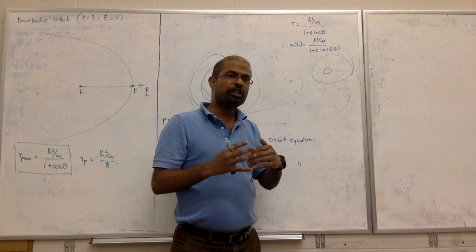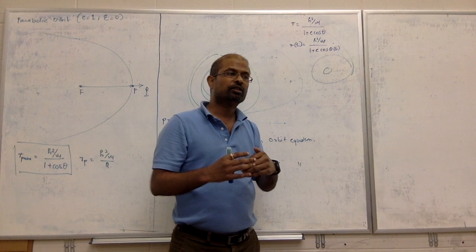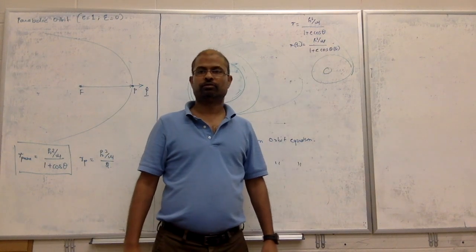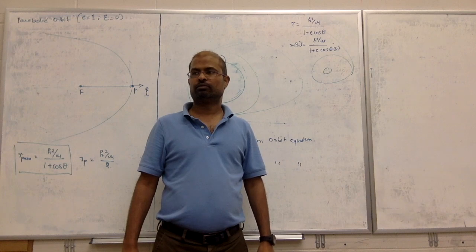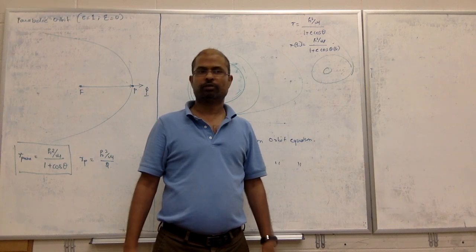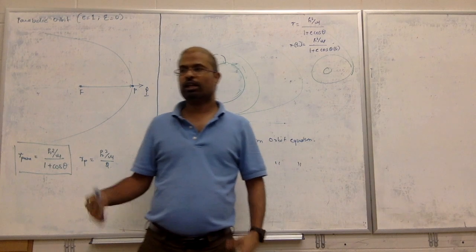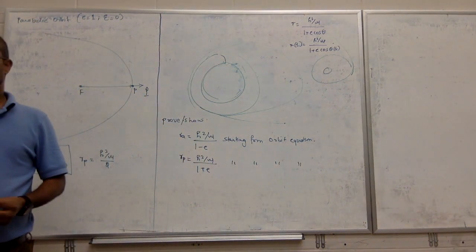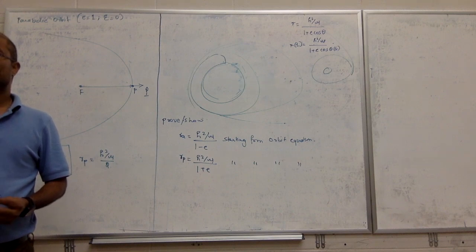If it is between catching you and throwing you far enough, you'll get into a parabolic orbit. Does that make sense? You never intentionally want to get into a parabolic orbit. Okay. But it's a reality.